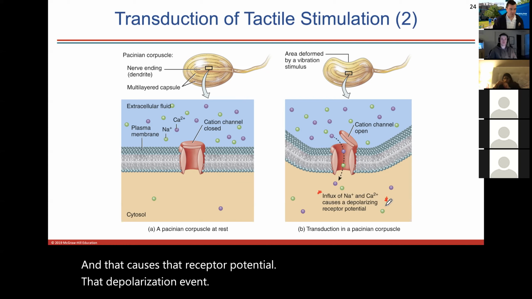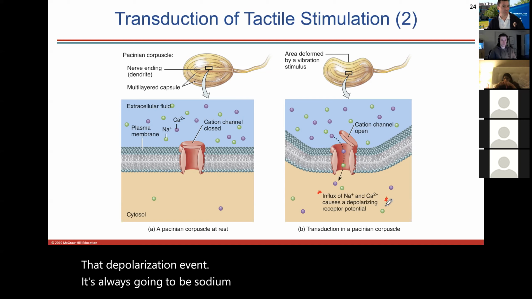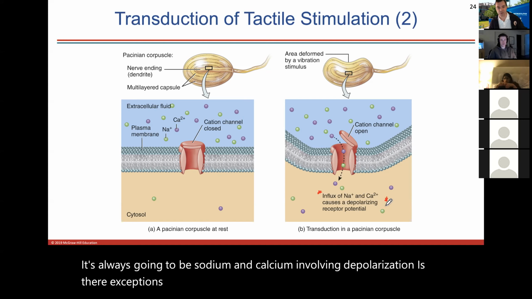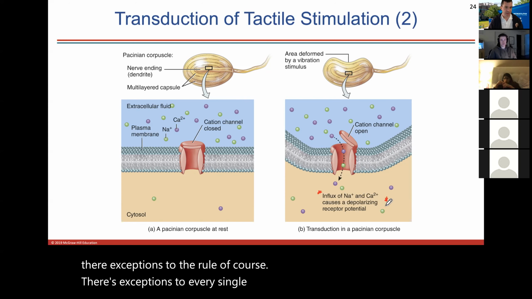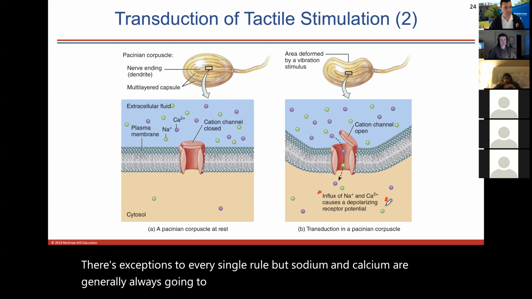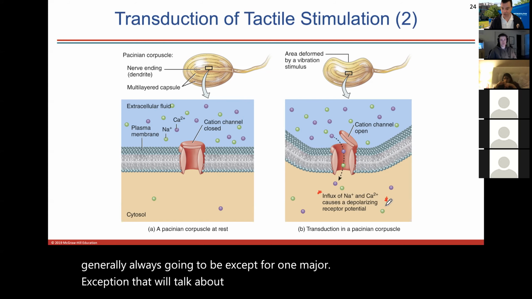It's always going to be sodium and calcium involving depolarization. Are there exceptions to the rule? Of course. There's exceptions to every single rule. But sodium and calcium are generally always going to be involved with that depolarization event, except for one major exception that we'll talk about.